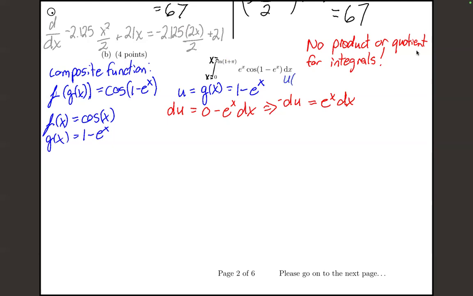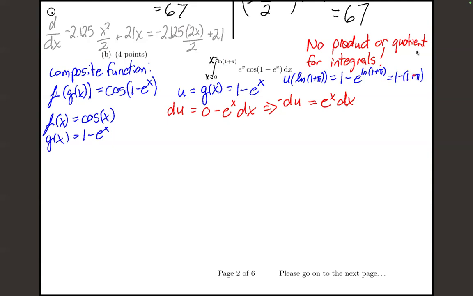So if we have u of ln of 1 plus pi, plugging that in equals 1 minus e to the ln of 1 plus pi. Using the fact that e and ln are inverse functions, this actually equals 1 minus the quantity 1 plus pi.